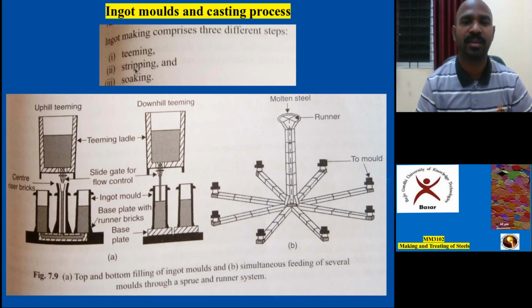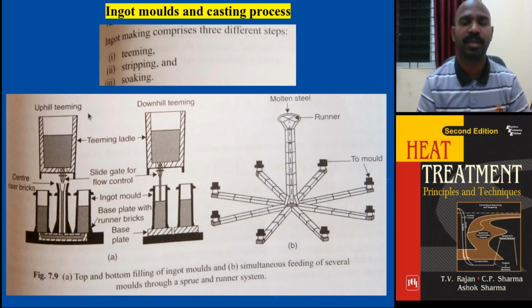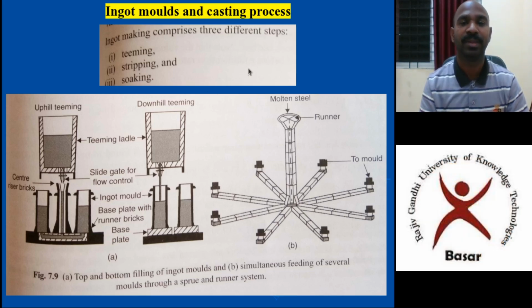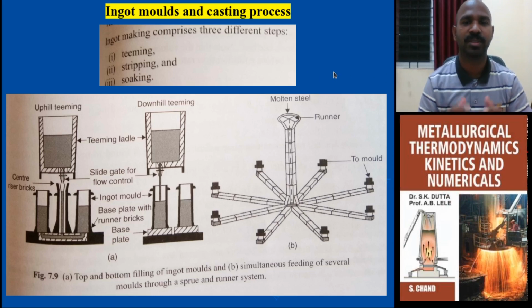That step is called stripping, and this solidified ingot is soaked for 1 hour for the next hot working process, which is a finishing operation such as rolling. An example of a hot working process is hot rolling. It is soaked for 1 hour and taken to the hot rolling process, converting the ingot into plate type, sheet type, depending upon the applications.